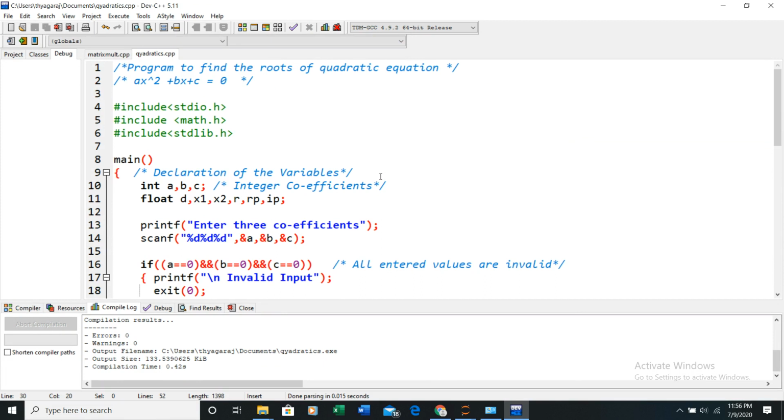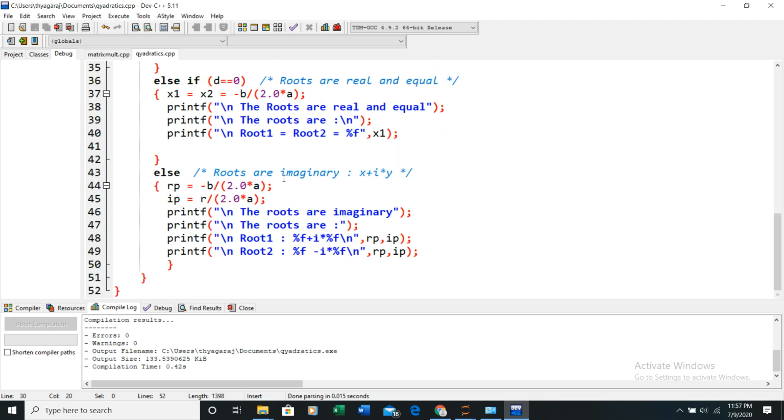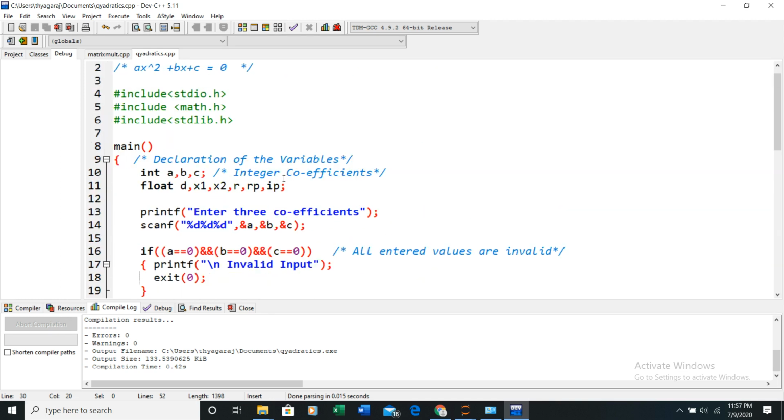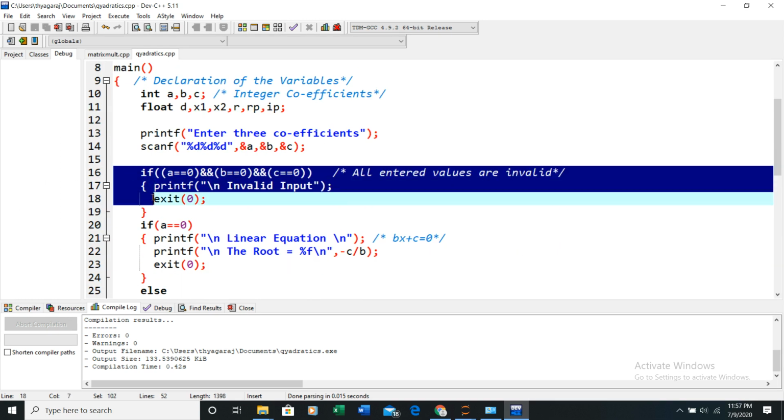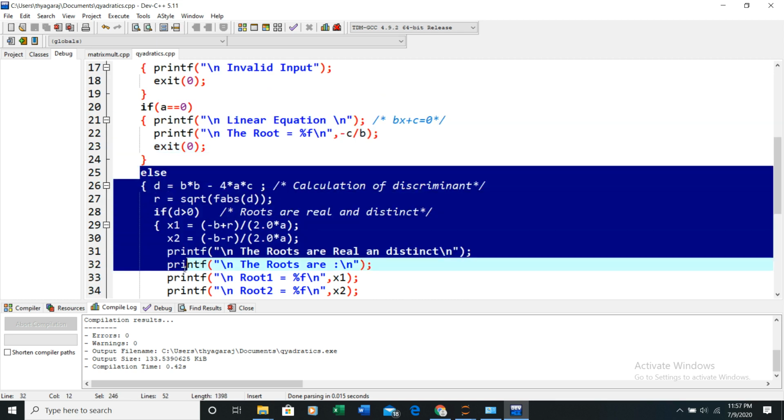This is the way how to develop a C program to find the roots of quadratic equations. In this session we have discussed how to develop a C program using if and else conditions. The approach that we have followed is if and else. Here we have used an if block, another if statement, and an else statement.